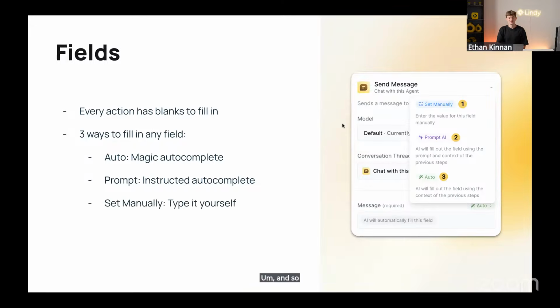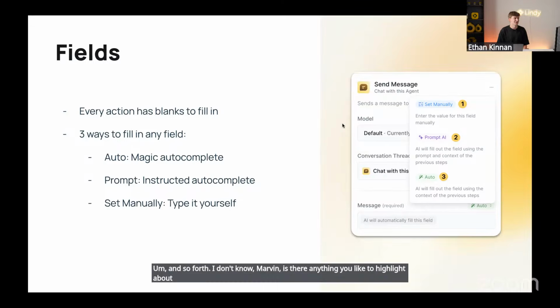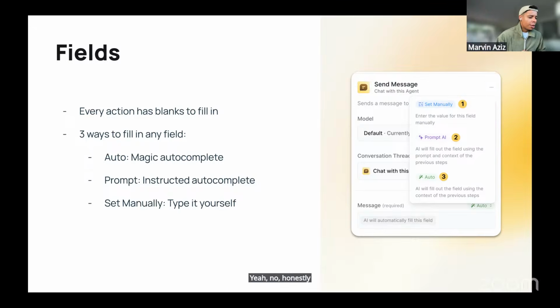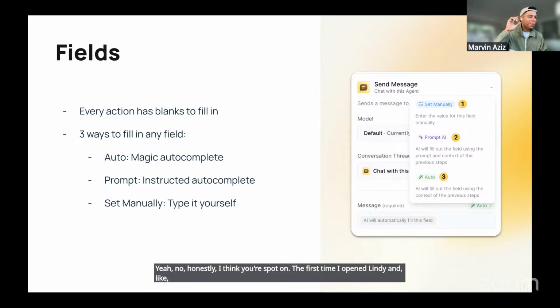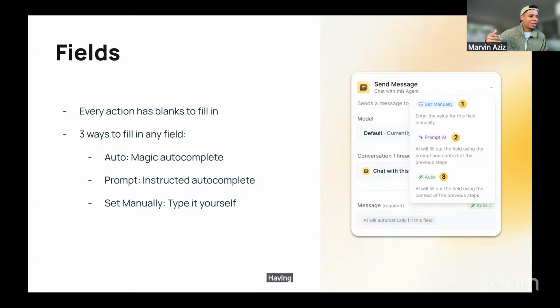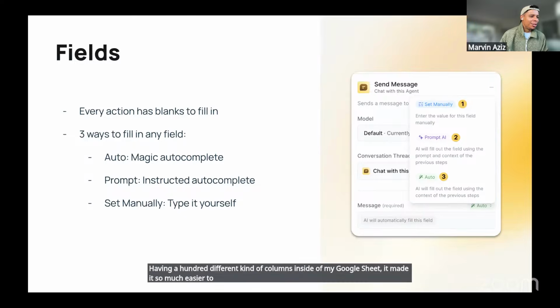Marvin, is there anything you like to highlight about fields, or maybe something I missed, or your favorite part about them? Yeah, honestly, I think you're spot on. The first time I opened Lindy and opened the Google Sheets actions, for example, having 100 different columns inside my Google Sheet, it made it so much easier to navigate the platform.